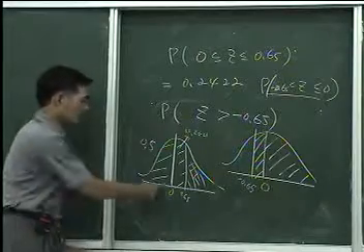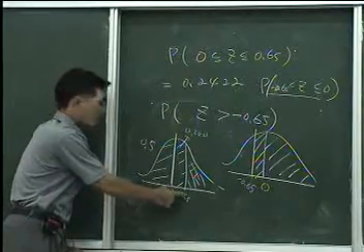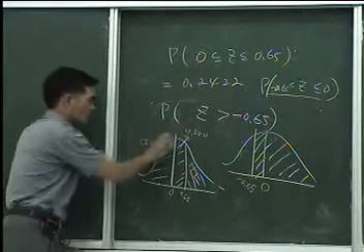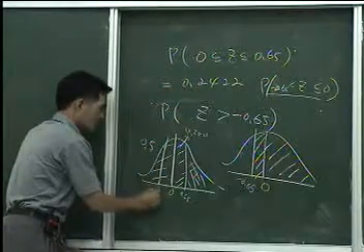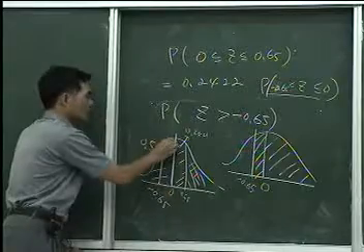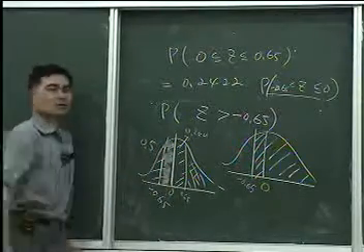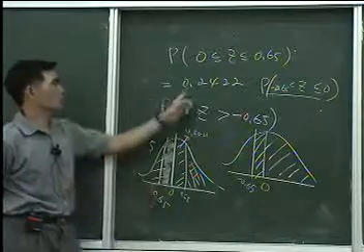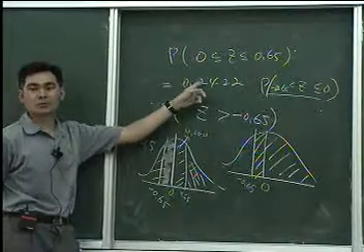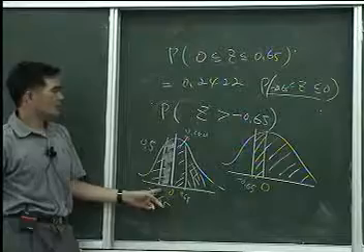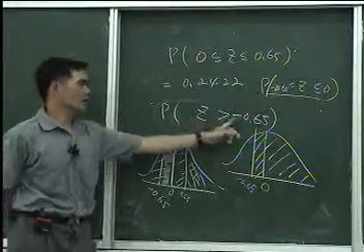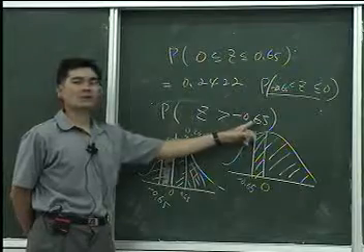So if from 0 to 0.65 is equal to 0.2422, what about negative 0.65? What should the area be? What's the probability? It's the same thing. It is equal to 0.2422, right?